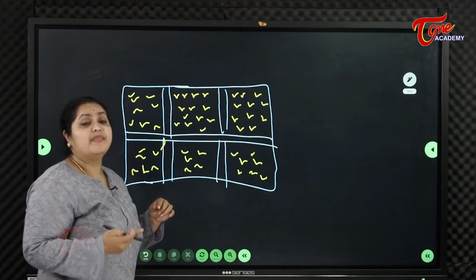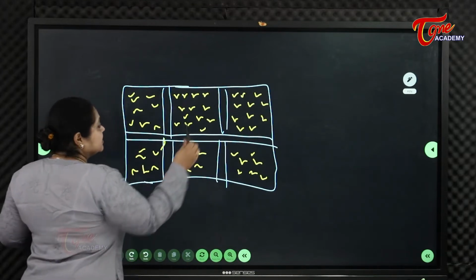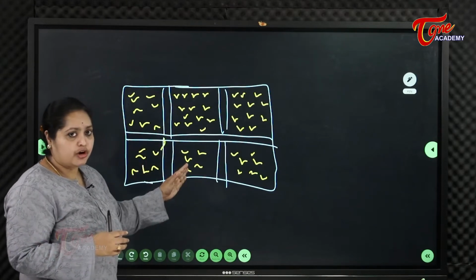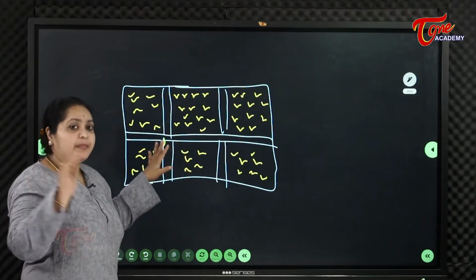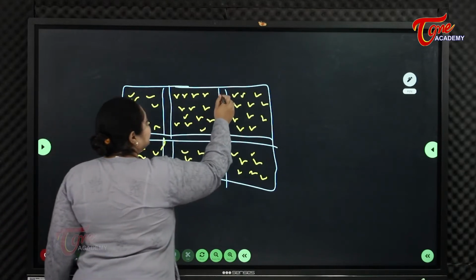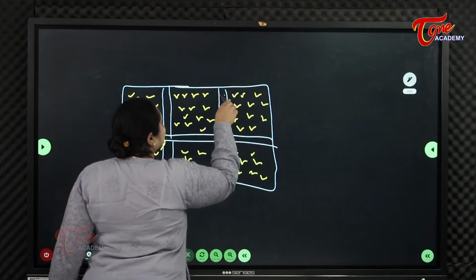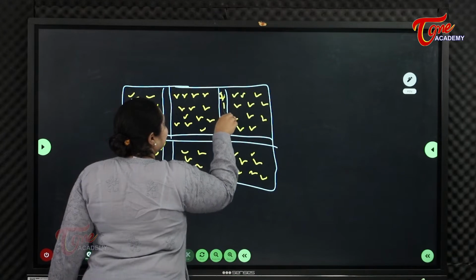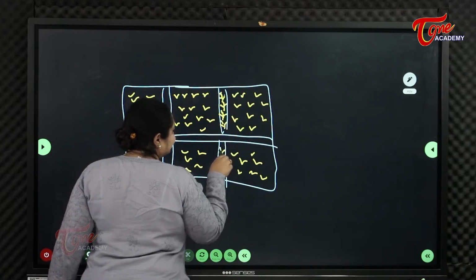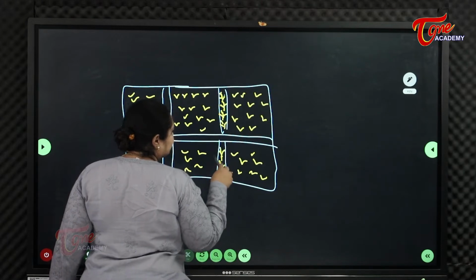But coming to mixed farming, even though paddy is the major crop in this particular farm, the farmer also tries to grow some other crops like groundnuts or castor oil.